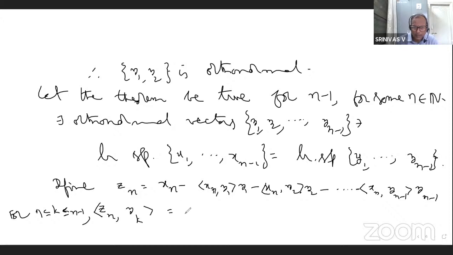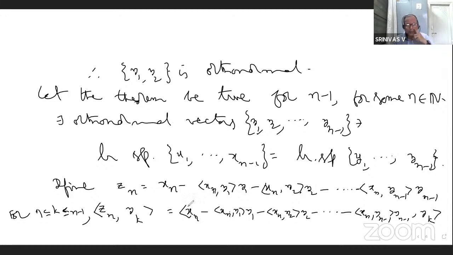It is the inner product of xn minus the inner product xn comma y1 into y1, minus the inner product xn comma y2 into y2, and so on, minus the inner product xn comma yn minus 1 into yn minus 1, comma yk.